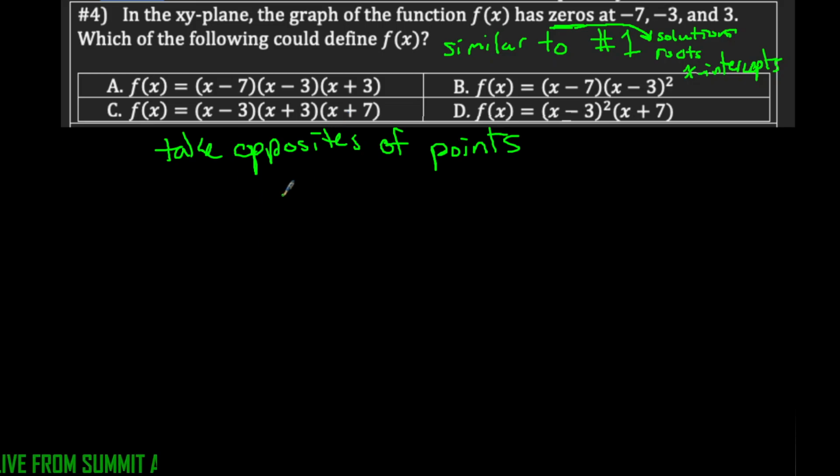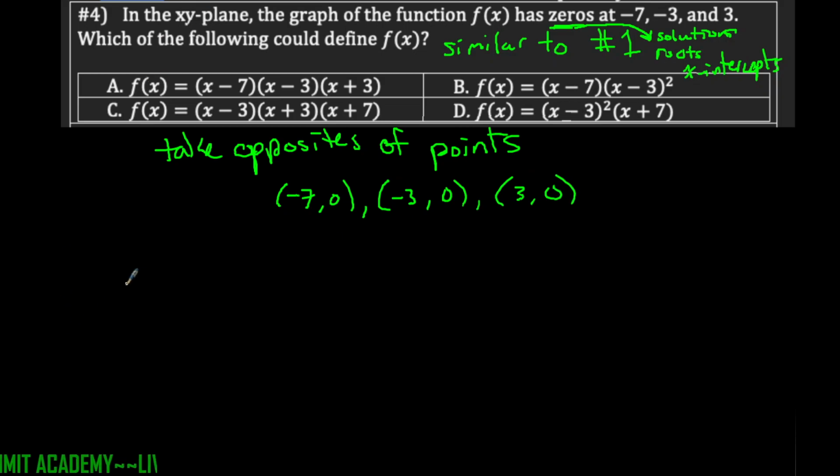So for each of those points, I have -7, 0, I have -3, 0, and I have +3, 0. And so what I want you to do is write that general equation. Notice how each of those choices has your function.